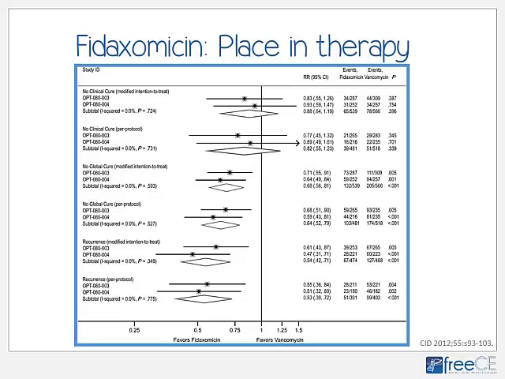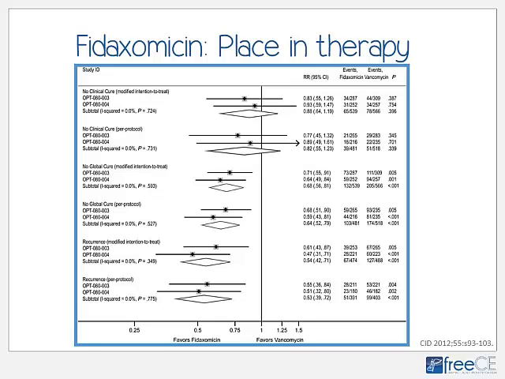Just to reiterate that, the graphic that I have up here is taking a look at the studies in terms of whether it favored Fidaxomicin or favored vancomycin, looking at relative risk rates and whether or not you cross one. The top part of that is no clinical cure, and you'll see that it crosses one in terms of favoring Fidaxomicin versus vancomycin.